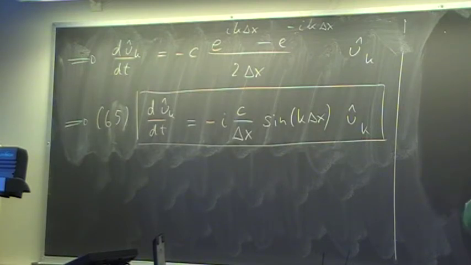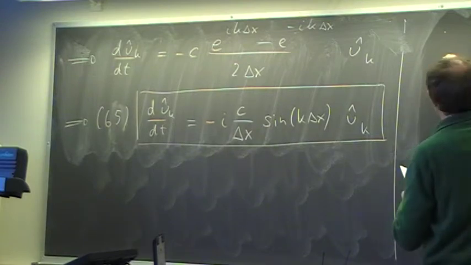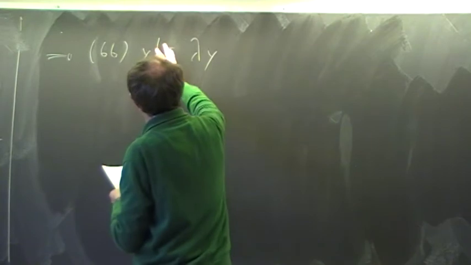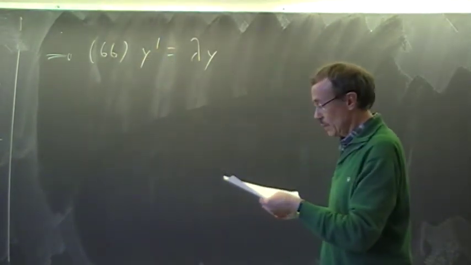So let us just see that. That corresponds to solving the test equation, y prime equal to lambda y. That is, the time derivative of y is equal to lambda y.